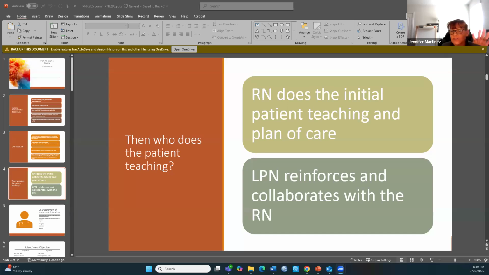So let's say the RN goes in and provides education, you go in to provide reinforcement, and maybe you identify other areas that the client needs to be educated on. You can bring that back to the RN and we can collaborate and provide additional education.